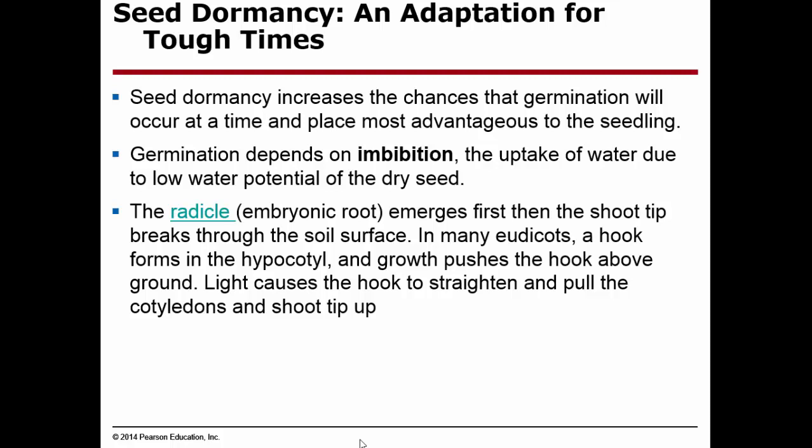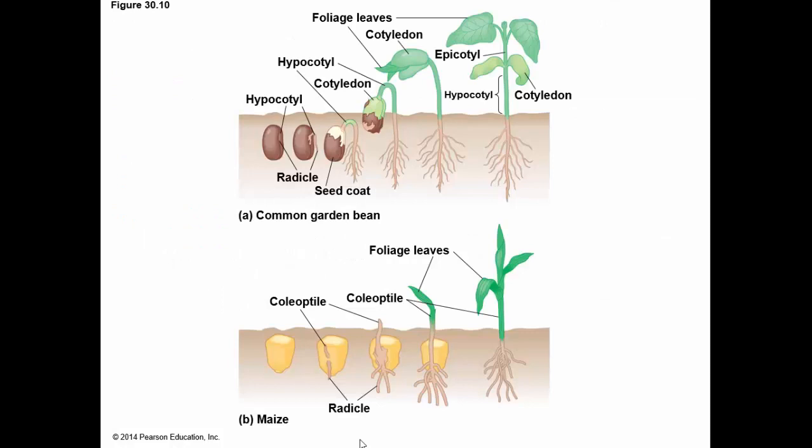In lots of eudicots, a hook-shaped structure forms, and you first see a little loop coming out of the soil. And it's the presence of light that guides the plant to grow up straight and keep itself in the correct orientation.